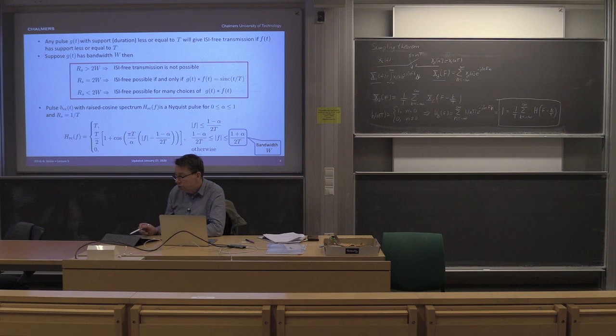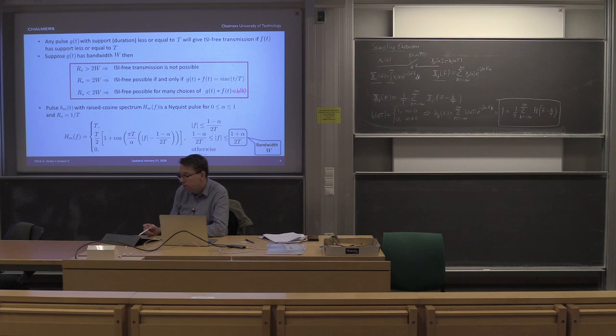And one such choice is that we choose H, which is the convolution of G and F, we call that H. One such choice is to use what's called a raised cosine pulse. It is a pulse with a raised cosine spectrum, which is this function here.